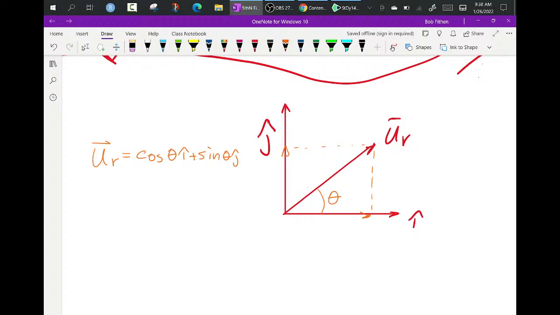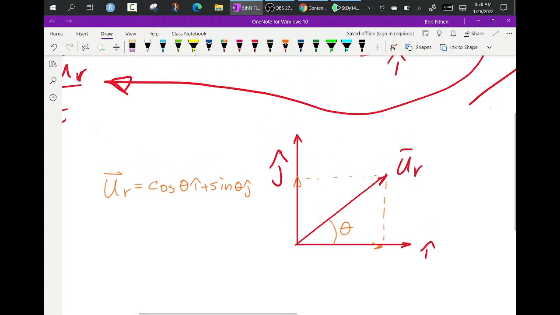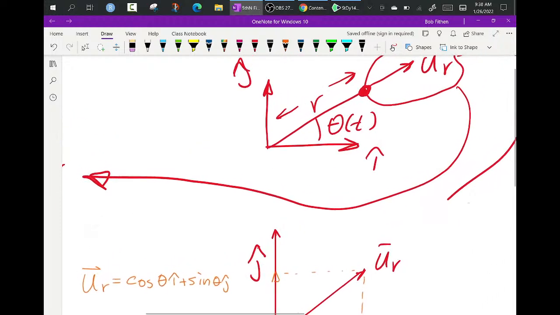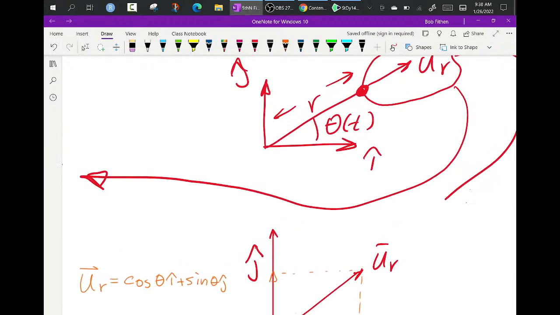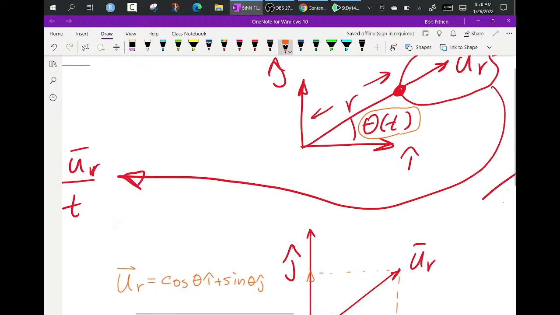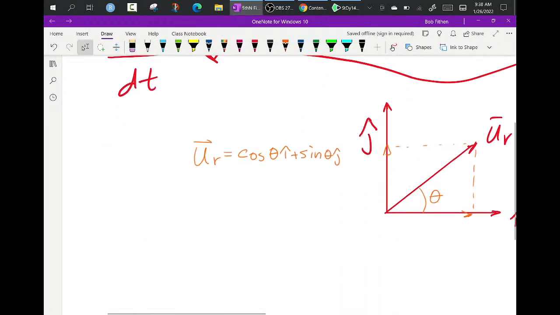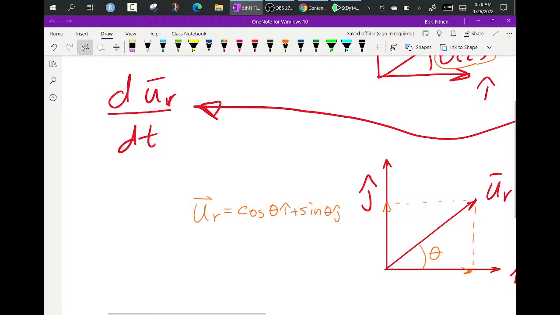Okay. So now I'm looking at this. Now I'm saying, hey, wait a minute. The only thing that changes here with respect to time is theta. So now I can do something really interesting. I can take the derivative of the vector u sub r with respect to time. Again, this and this, no change with respect to time.